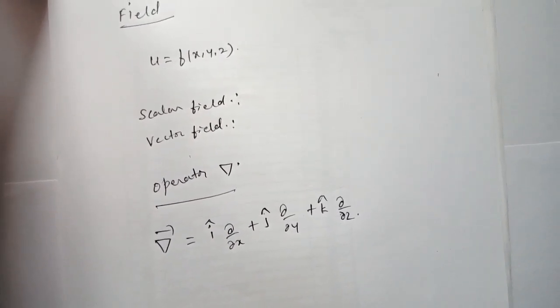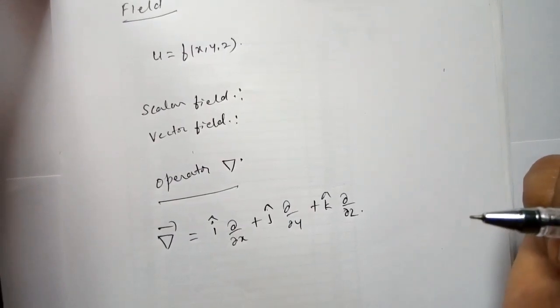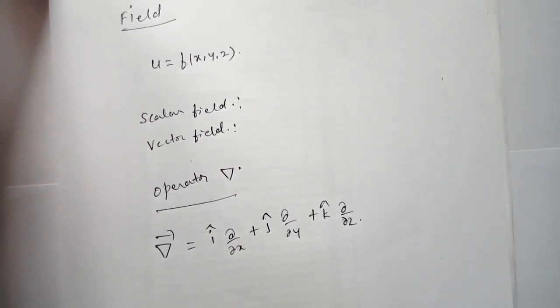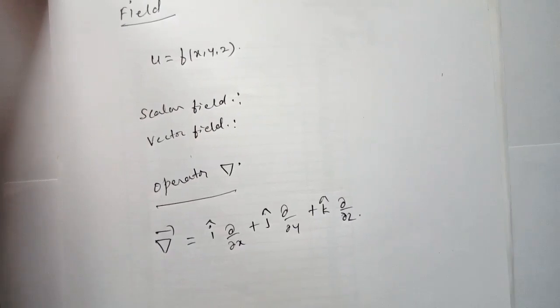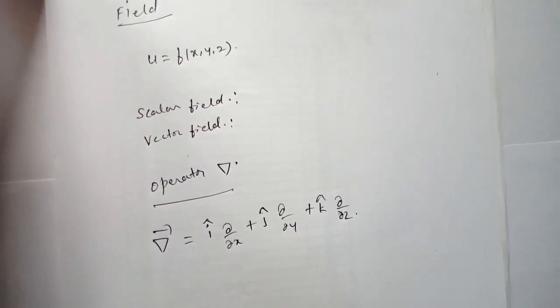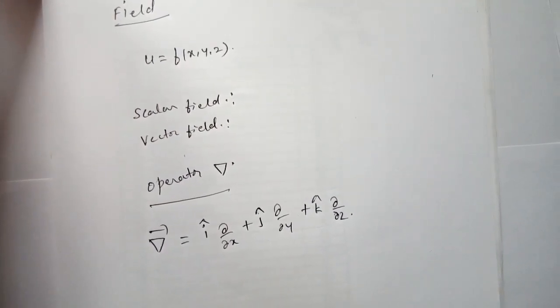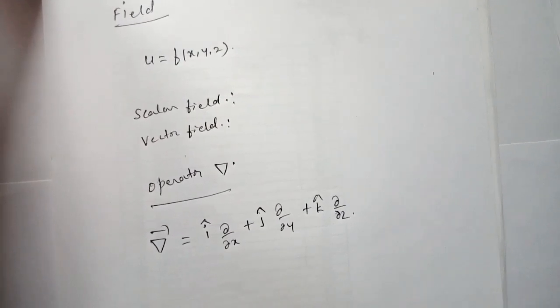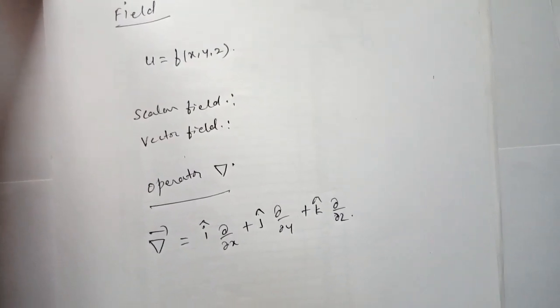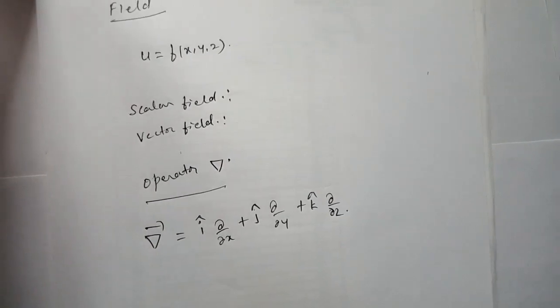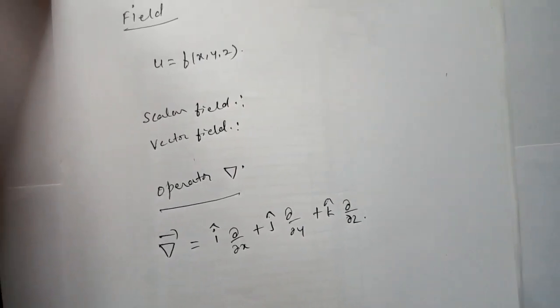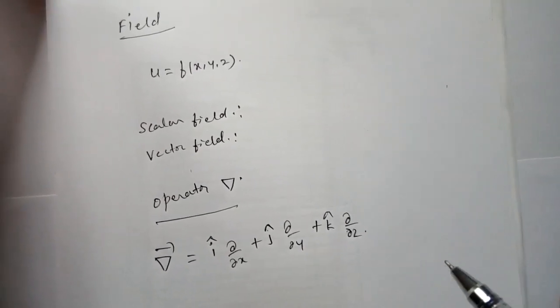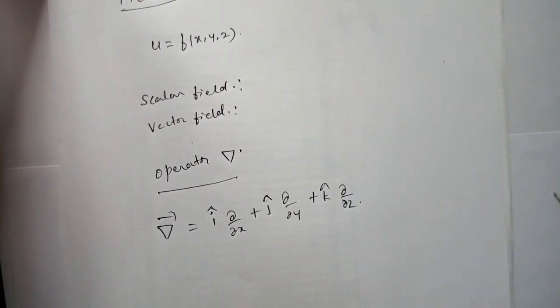It should be noted that del is not a vector, but it is a vector operator. Whenever it acts on a particular function or parameter, it behaves as a vector operator. Del is as such not a vector.